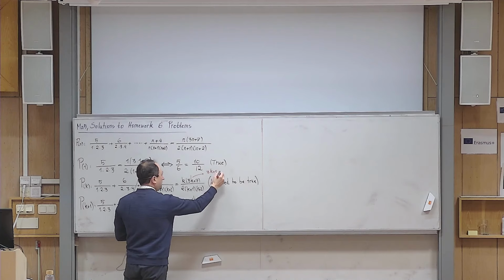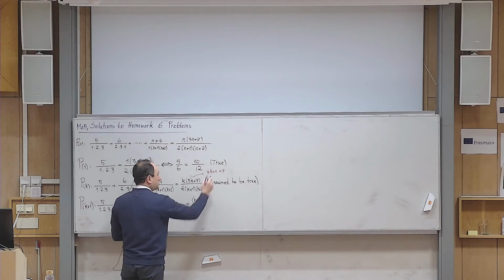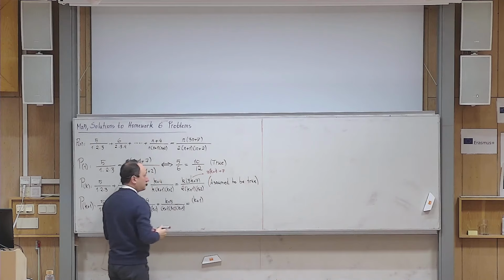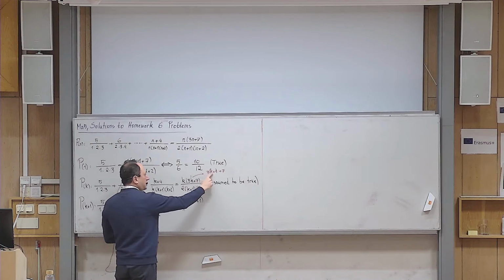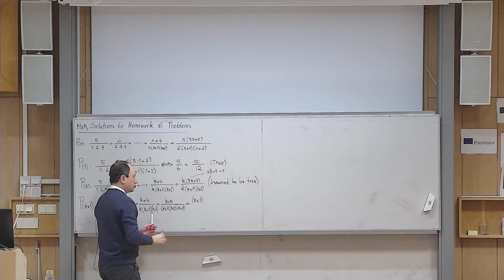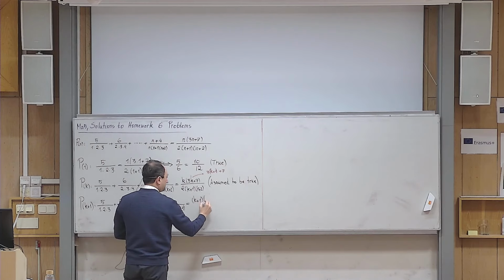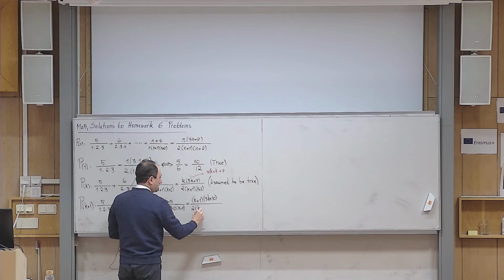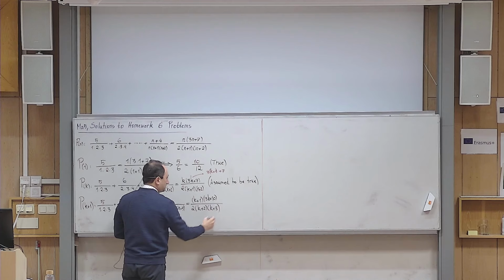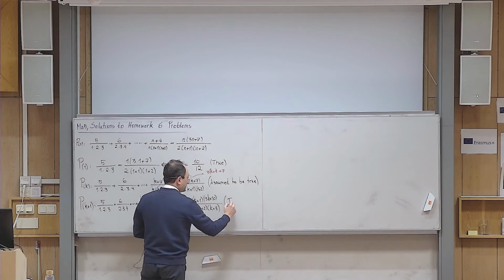This is also a common mistake sometimes. So you have to put a pair of brackets around that. This means 3 times (k plus 1) plus 7, so it becomes 3k plus 10. And the denominator is simple. It becomes 2 times (k plus 1), that is 2k plus 2, and then k plus 3. Okay, this is to be proven.